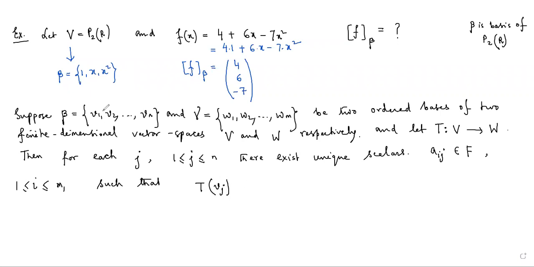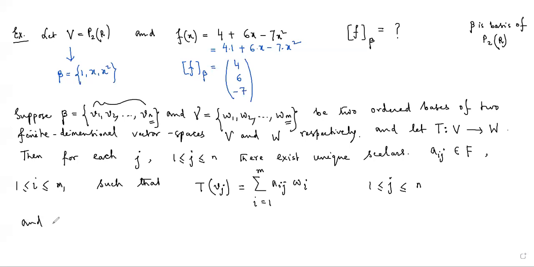You take any vector from the basis beta, we apply the linear transformation on the basis vector. You know that j is running from 1 up to n, and there are n basis vectors over here. This T(vj) can be expressed as a linear combination of the sum of aij wi. See the index of W, the last index is m. So here the variable is i, which will run from 1 up to m. We can always express this in the following manner.